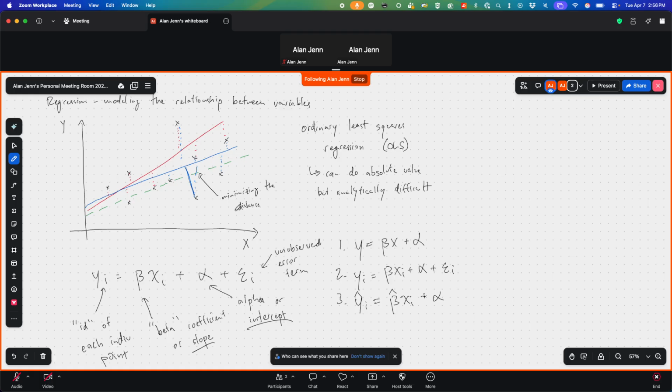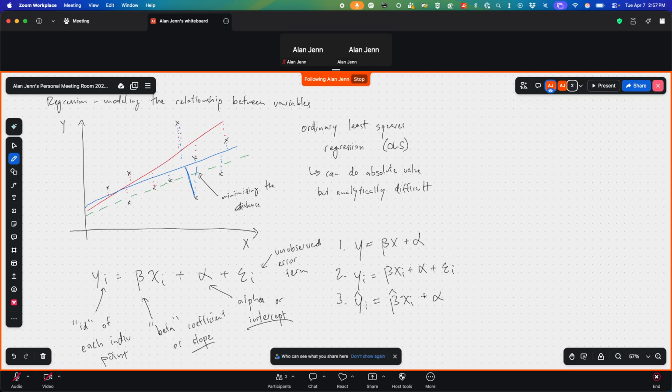So don't mistake this for something that we're deriving. Let us hypothetically suppose that there does exist a true relationship between y's and x's, and that would be represented by this first equation. It is essentially saying y is a function of x: it's equal to some slope coefficient times x plus some intercept.